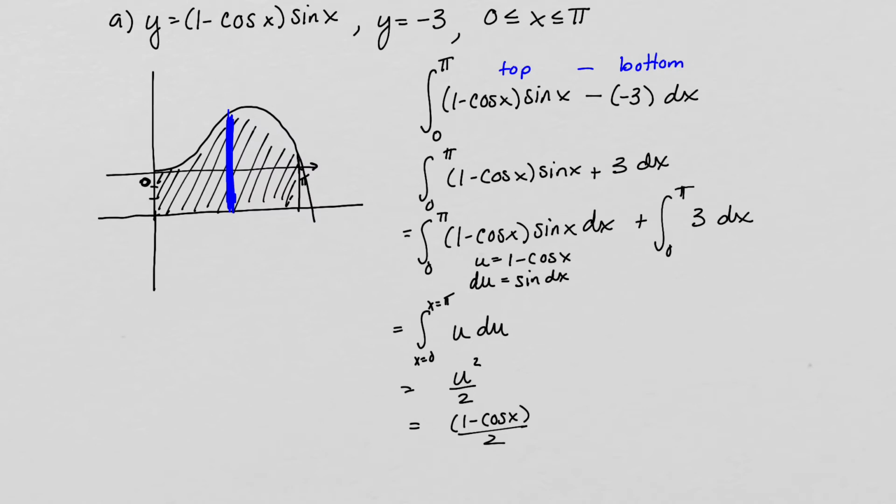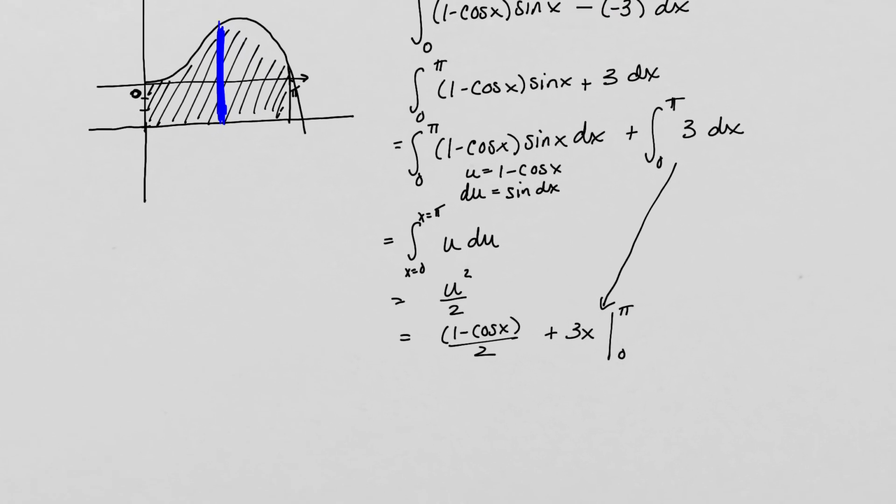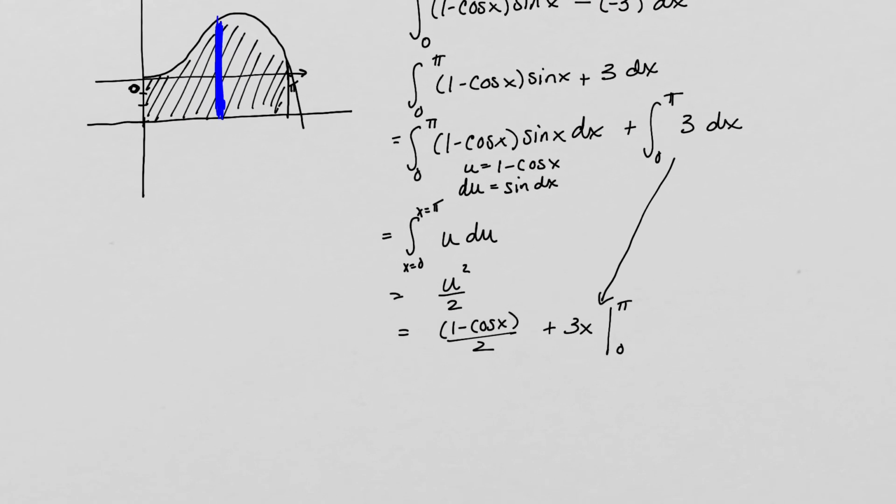So let's take care of that one now. 3x, yep, so plus 3x, and we're evaluating both of these parts between 0 and pi. So now all I have to do is plug in pi, so we get 1 minus the cosine of pi over 2 plus 3 pi.